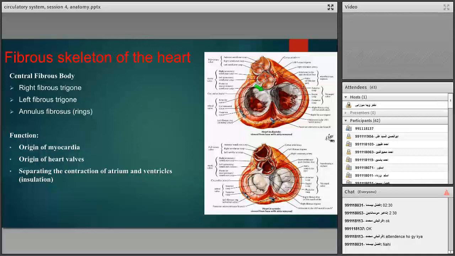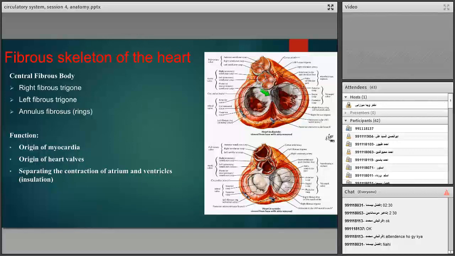Look at this triangle. The left fibrous trigone is smaller than the right one and placed between the mitral valve and the aortic valve.